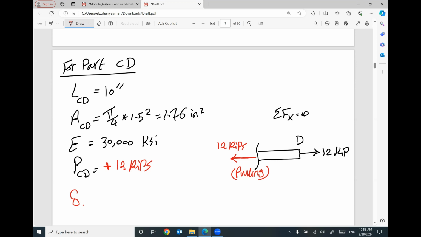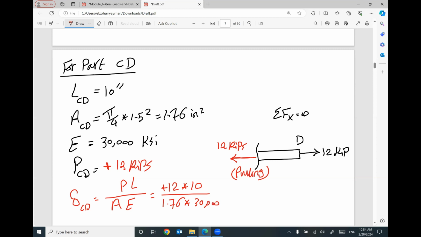So the elongation, because this force is tension, we should expect elongation in this part. The elongation in part CD will equal PL divided by A times E. So the applied force is positive 12. The length of this part is 10 inch. The cross-section area is 1.76. The Young's modulus 30,000.